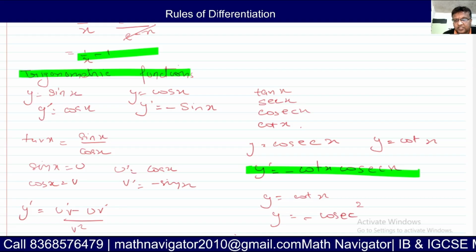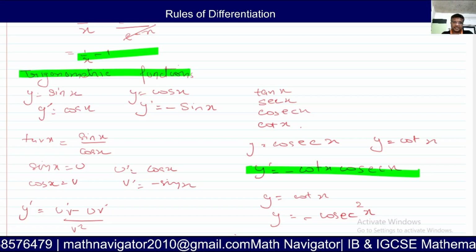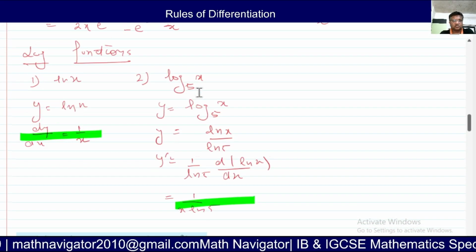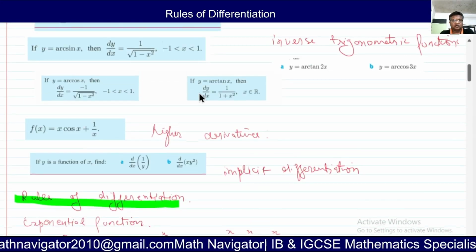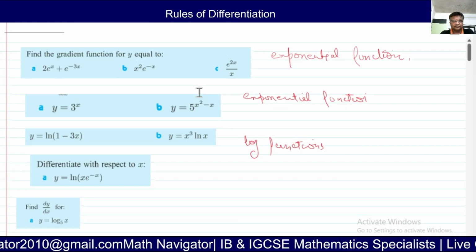You can try it with the same method which we have adopted for tan x and sec x. All right, very good. Now let's do some questions based on this, so you will understand it, right?